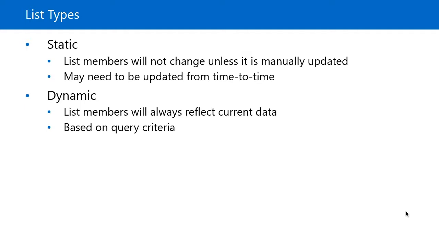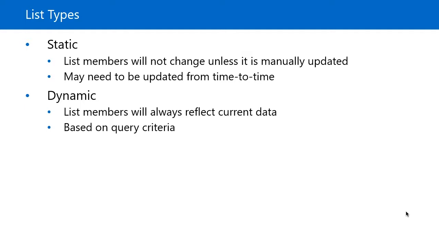When we establish dynamic marketing lists, it's based upon a query we design within the system. For example, a dynamic marketing list may be automatically updated for all the accounts based in the city of Minnesota or Fargo or Seattle.